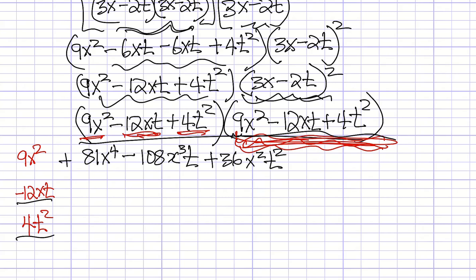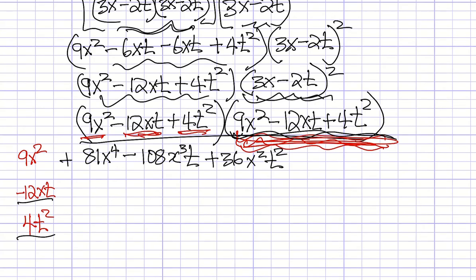So we're going to add that to that and to that, but let's do those first. Negative 12xt, you multiply all that out. 12 times 9 is 108 again, and it's going to be negative 108, right?